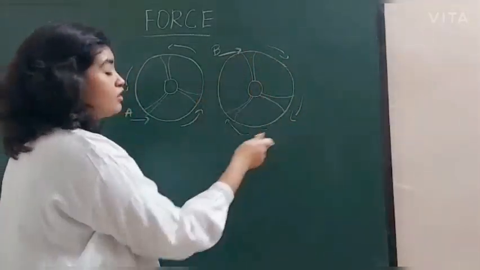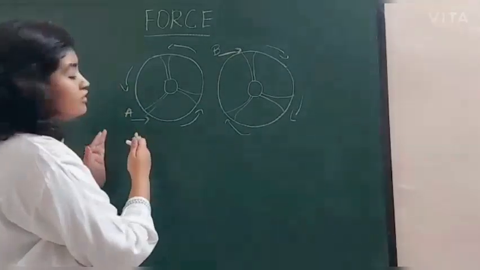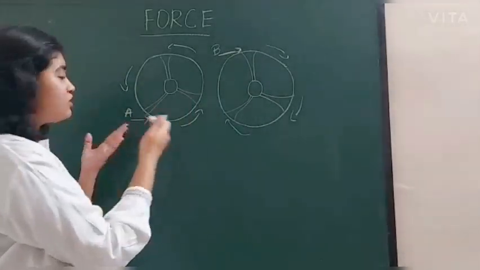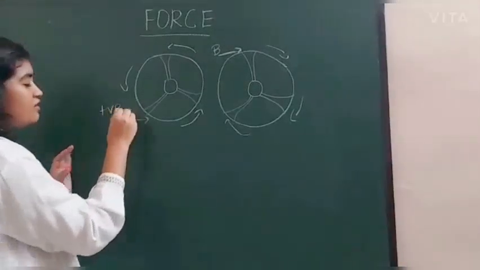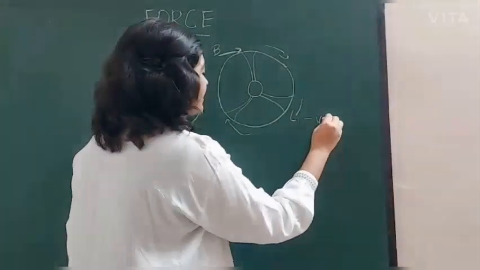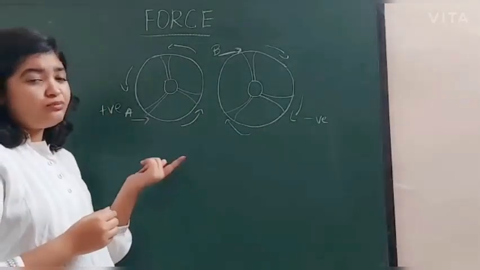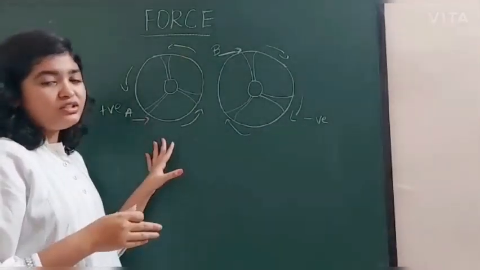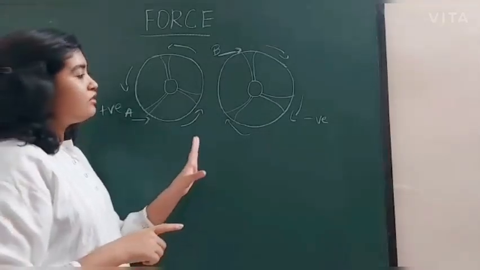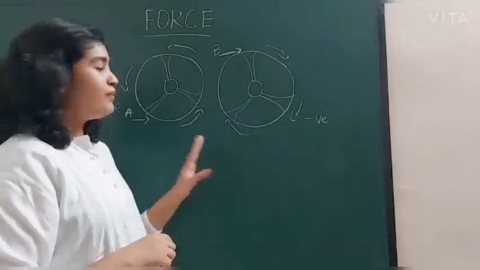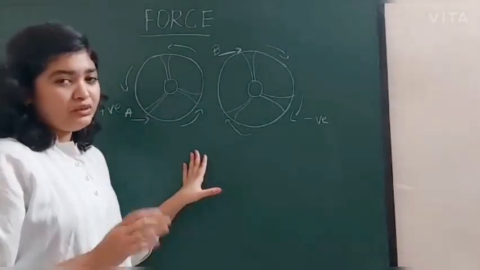So here the force is positive and here the force is taken as negative, because as we have mentioned before, in an anti-clockwise direction the moment of force is positive, and for a clockwise direction it is taken as negative. So this is the example for a steering wheel.